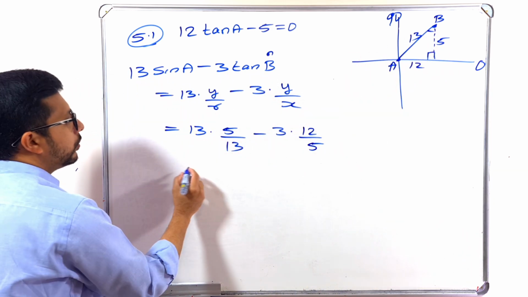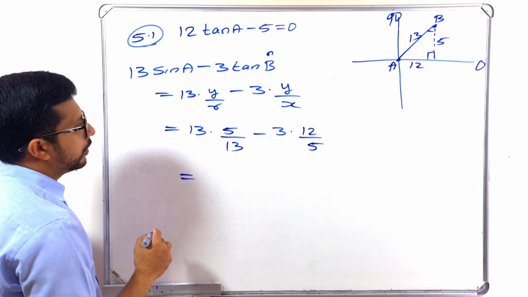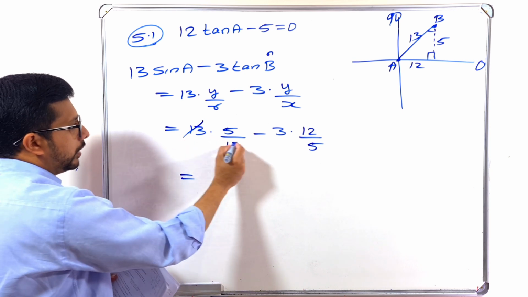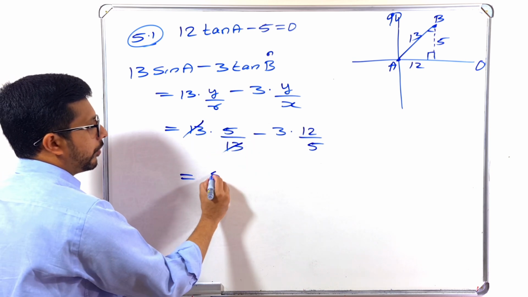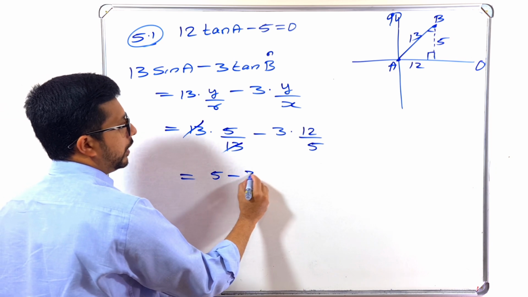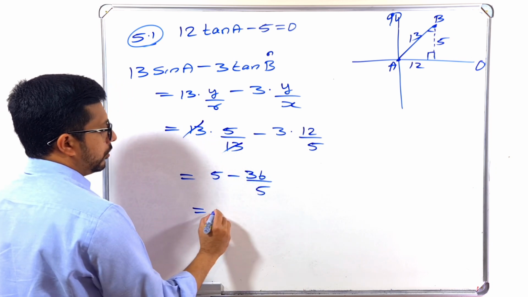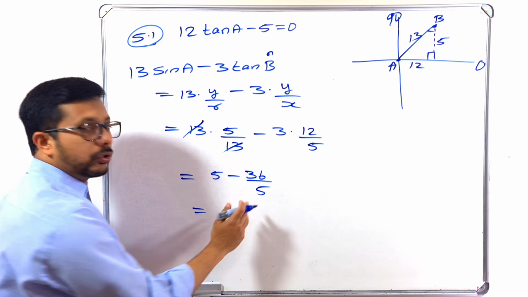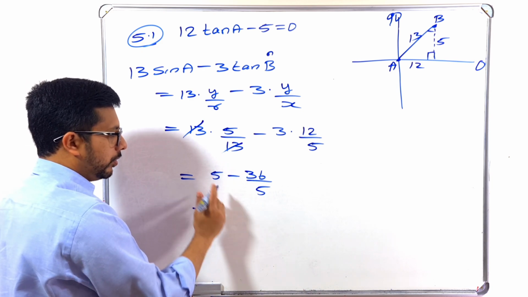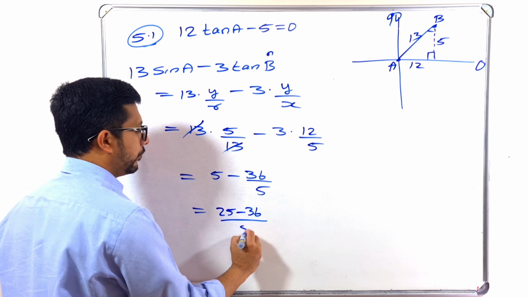Now you have to simplify this. How can you simplify? So 13 cancels. So it is 5 minus 3 times 12 is 36 divided by 5. How can you simplify without using a calculator? That's why we are writing these steps. 5 times 5 is 25. 25 minus 36 divided by 5.